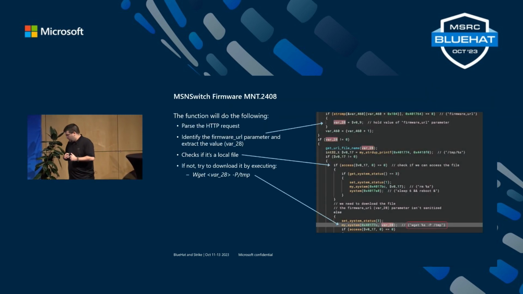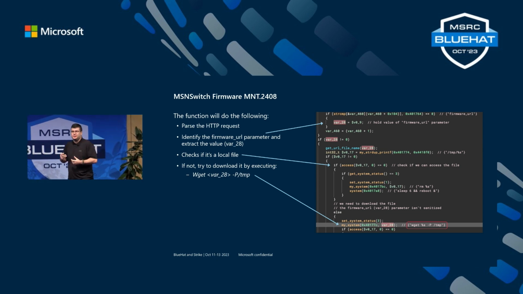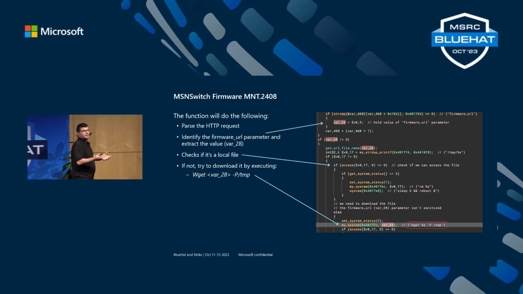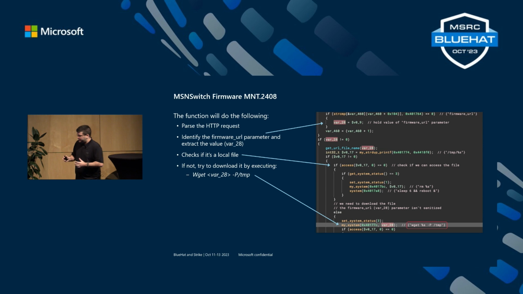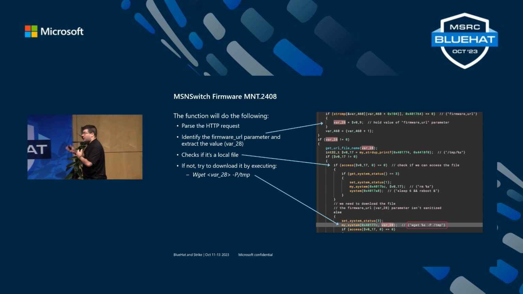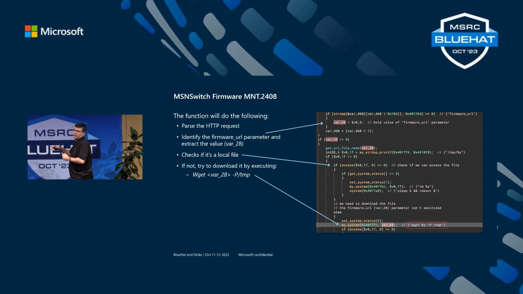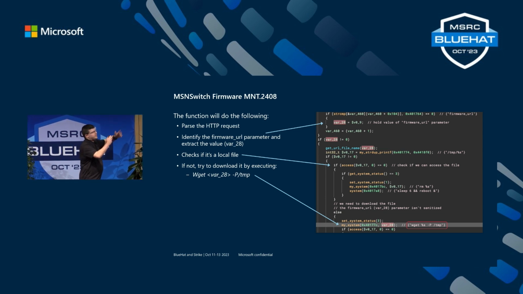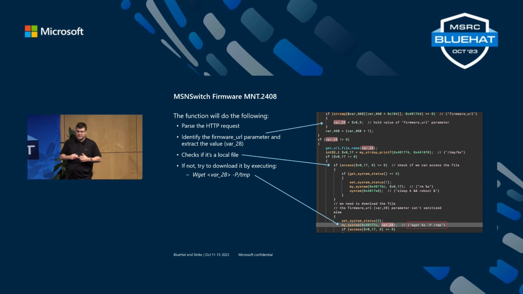Well, we had to use some tools because it's not easy to go through the executable part and see what's going on. So what we did was we disassembled the file, and based on the data that we knew, we searched for, for example, the firmware_url. We were able to find this pseudocode and go and see what's going on.